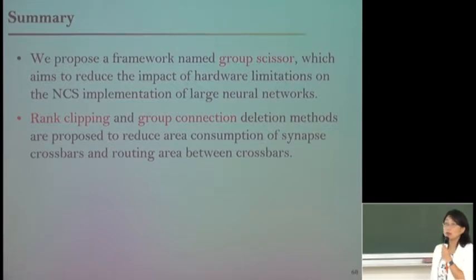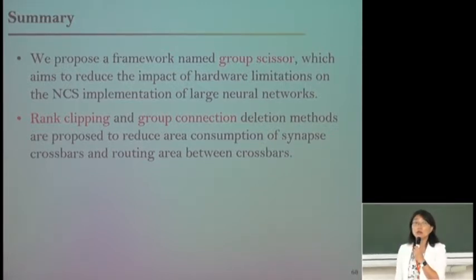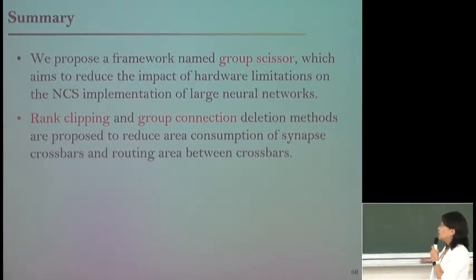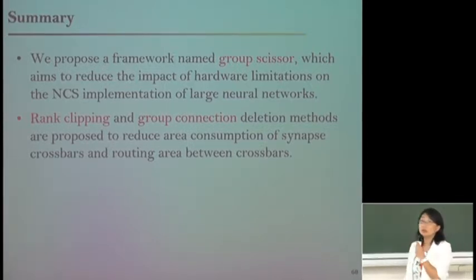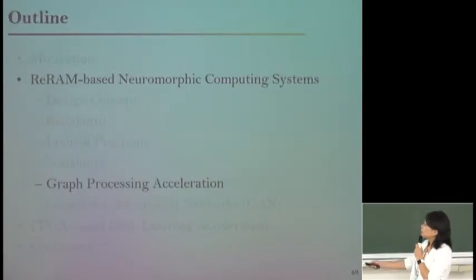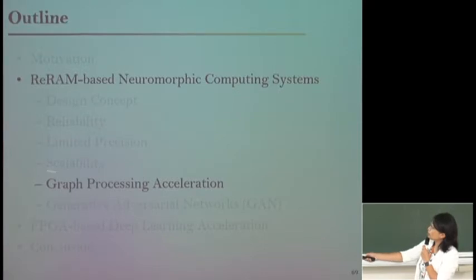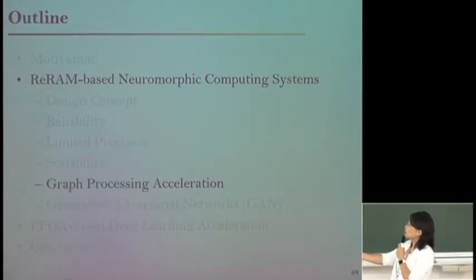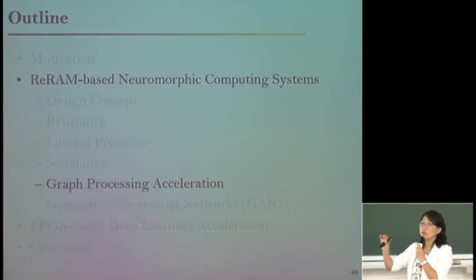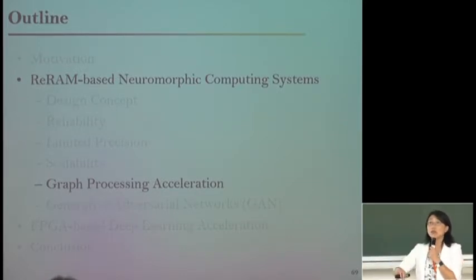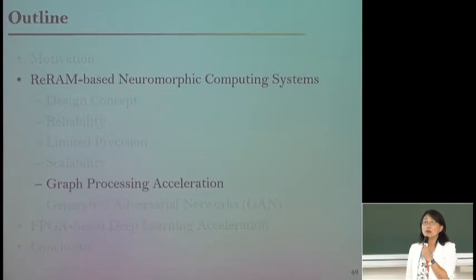The first one is targeted to reduce the area of the crossbar itself, and the second targets reducing the area of the routing part. Again, for limited precision and scalability, these are more like system level approaches to try to solve some lower level device and circuit constraints or limitations.